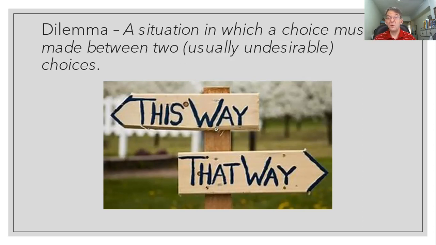So that's what the word dilemma means. For example, in this year's presidential election in America, many people in America don't like either presidential candidate. So they are in a dilemma. Who should they choose? That is a dilemma.